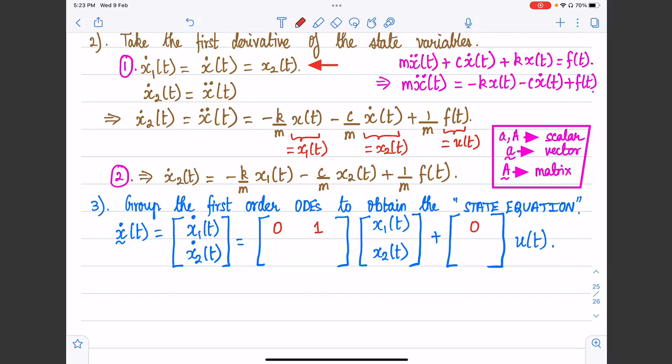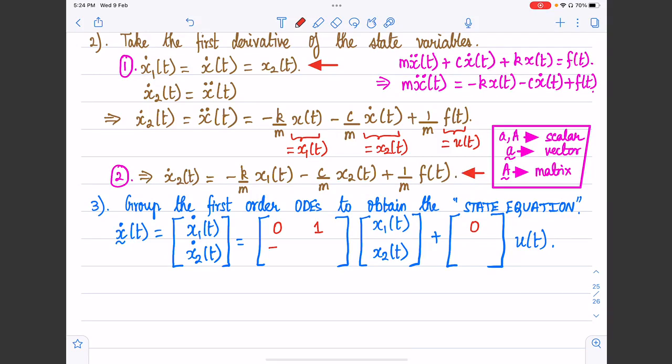Similarly, I now go to the second equation, right, which is this equation. Where I want to write what will be x2 dot. So what do I do? We have to rewrite it in terms of x1 and x2, right?